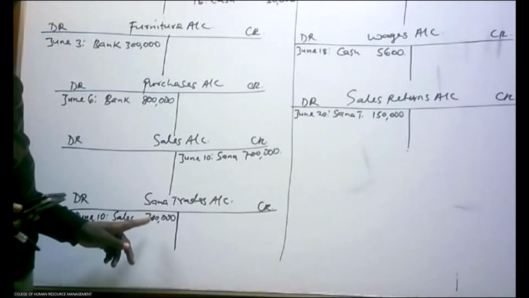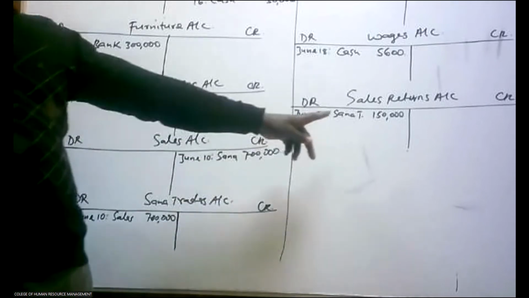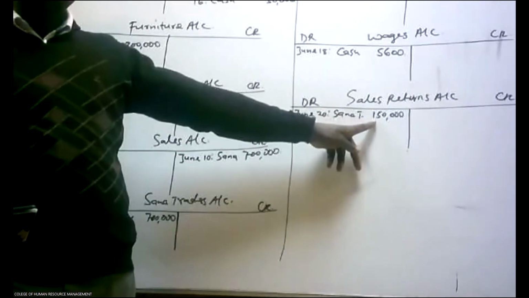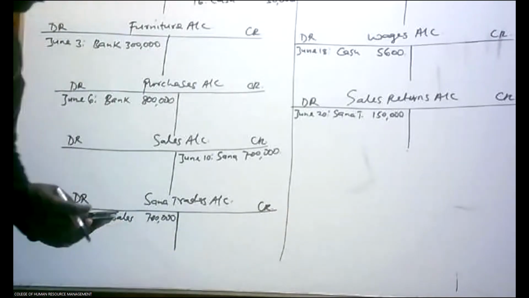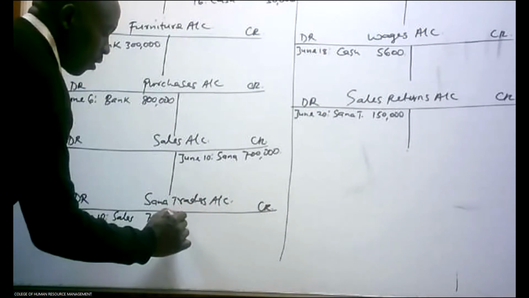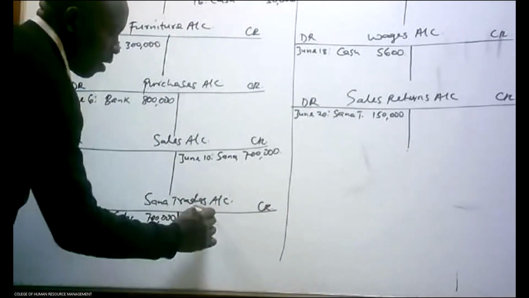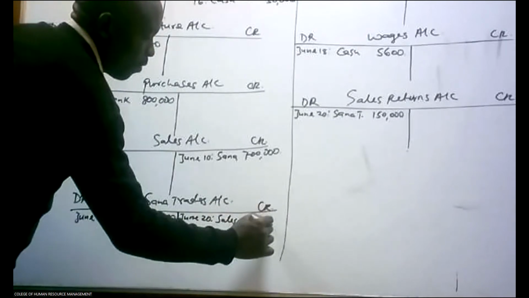But remember, the person has returned goods worth 150,000. We cannot expect the full 700,000 from him. What we do, we now credit his account, on June 20th, by sales returns of 150,000.